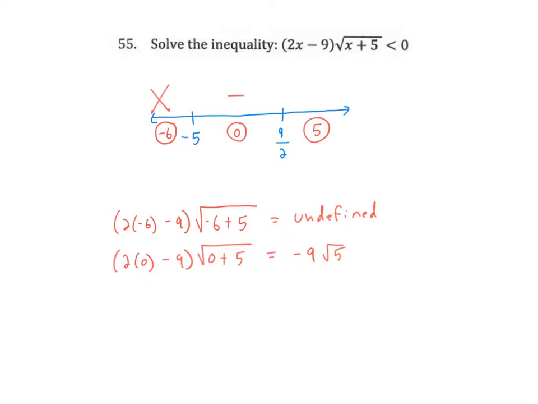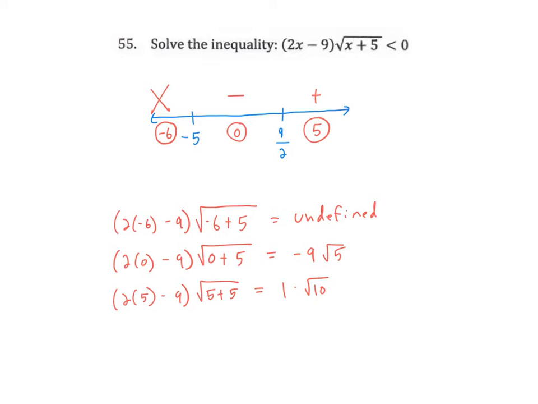So just put negative up there. Then we'll plug in our last test point, 5. 2 times 5 is 10, minus 9 is 1, and then times the square root of 10. Again, it doesn't matter what it is, except that we got a positive number.